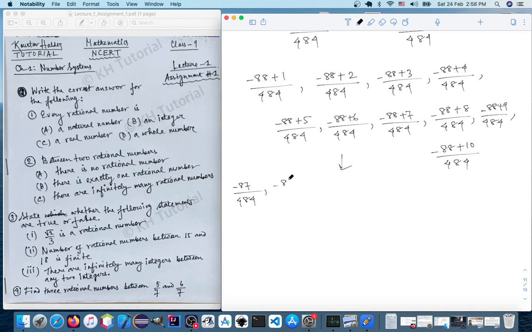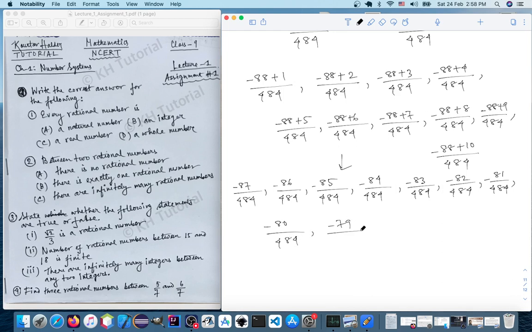The next will be minus 86 by 484, minus 85 by 484, minus 84 by 484, minus 83 by 484, minus 82 by 484, minus 81 by 484, minus 80 by 484, minus 79 by 484, and finally minus 78 by 484.